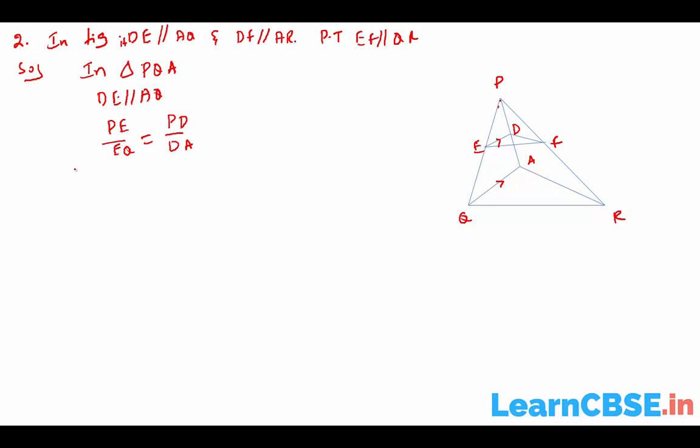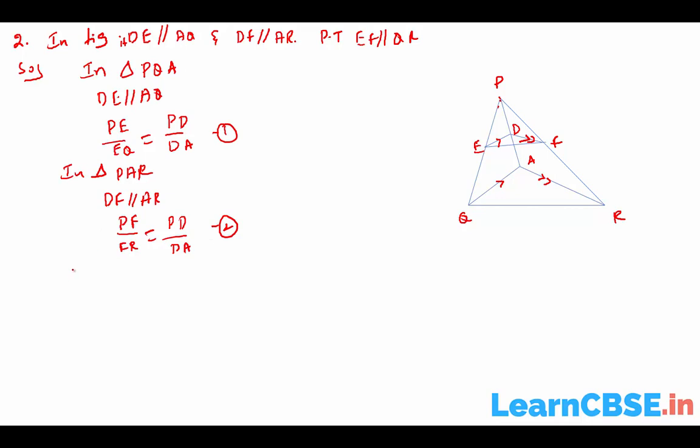Now in triangle PAR, we have DF parallel to AR. Again I can write here PF by FR equals PD by DA. Let this be equation 1, and this be 2.